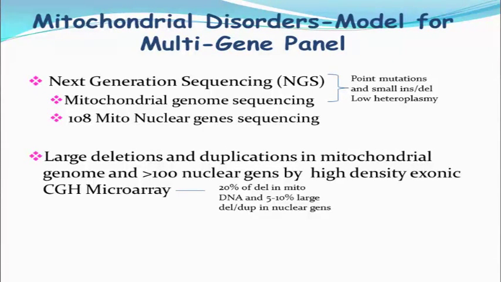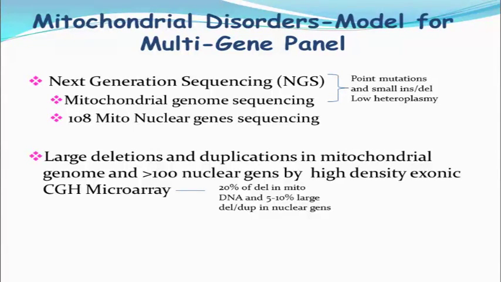Mitochondrial genome next generation sequencing testing follows the standard library prep protocol for next generation sequencing. The only difference is the upfront DNA enrichment. The mitochondrial genome uses long range PCR for DNA enrichment.